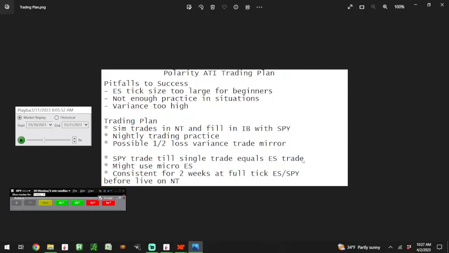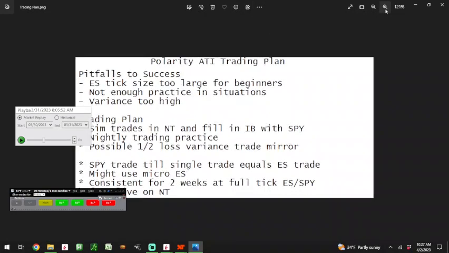The second is that there's just not enough practice in various situations of the market, like regression and trend, and how you want to tackle each. I think this is really important. Polarity is on NinjaTrader, though it doesn't dictate what NinjaTrader does.